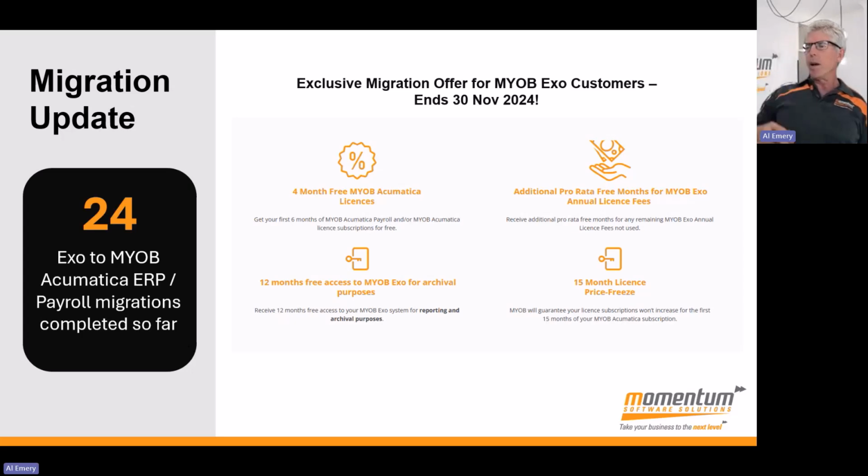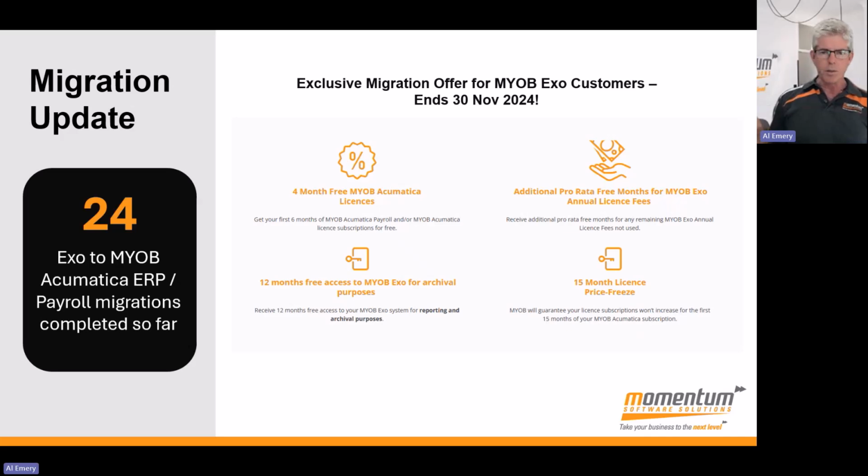There's been an ongoing incentive released by MYOB to encourage people running EXO payroll to take up MYOB Acumatica payroll. We've already had 24, I think it's a higher number than that, but quite a number of customers make the change from EXO payroll to Acumatica payroll.